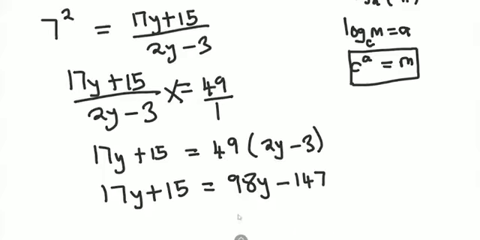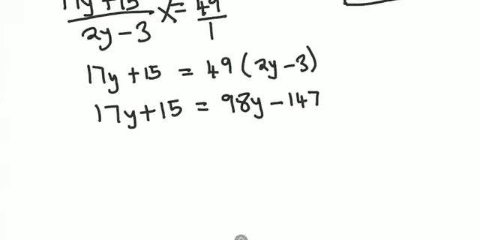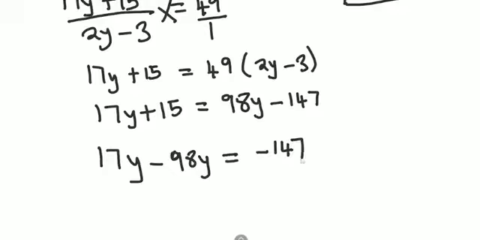From this stage, we are just going to group the like terms together. 17y, its like term is 98y. So we are going to write 17y minus 98y is equal to, on the right hand side we are remaining with a minus 147.